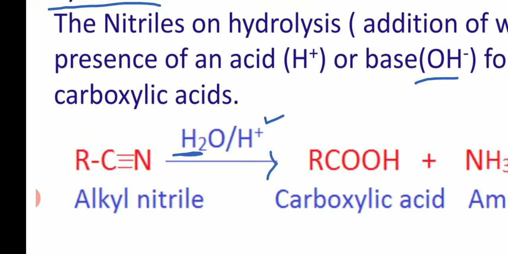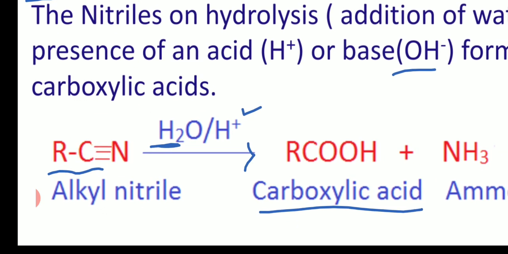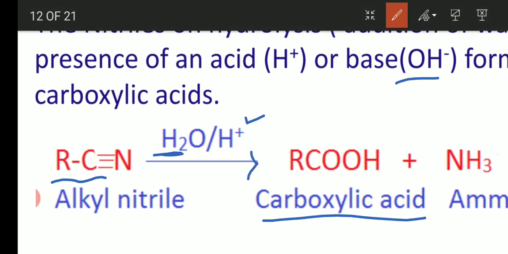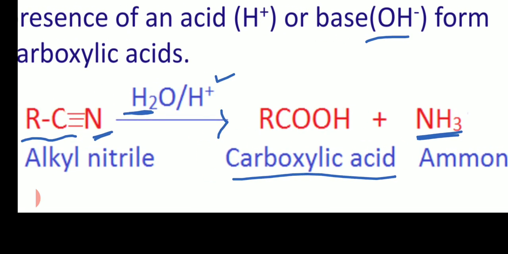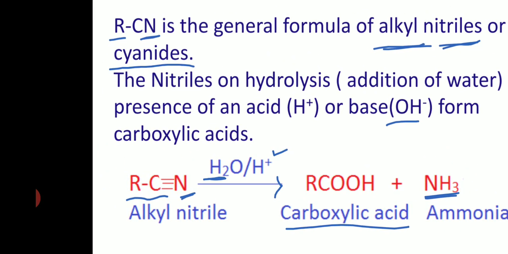That is, this part of alkyl nitrile is converting into RCOOH, carboxylic acid, and this part of the nitrile, that is nitrogen, is converting into NH3, that is ammonia. So this is the overall general equation for hydrolysis of alkyl nitriles, where R is taken.